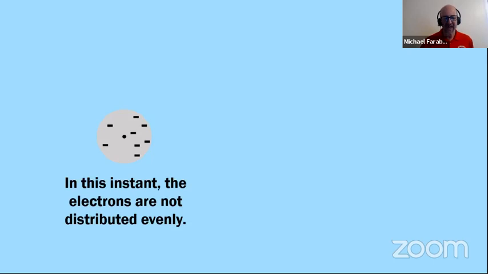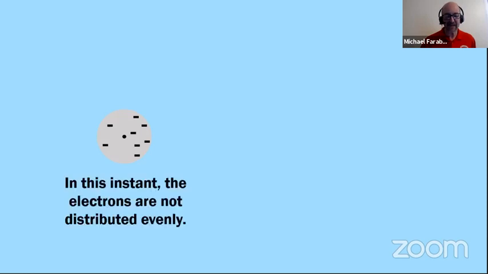Can you see in this diagram that there is a greater concentration of electrons on the right side than on the left side? That creates an instantaneous dipole, not a permanent dipole. In this instant, the electrons are not distributed evenly, and so we have a separation of charge.